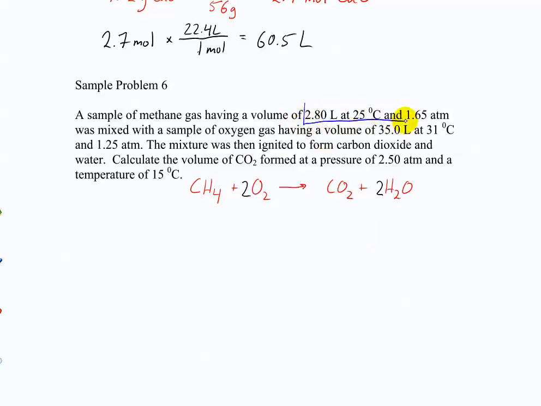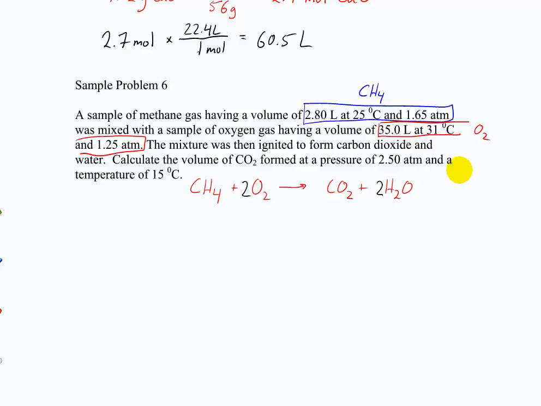We've got this information here that tells us about the methane, and this information here that tells us about the oxygen. So from each of those sets of information, we can use the ideal gas law and find moles.